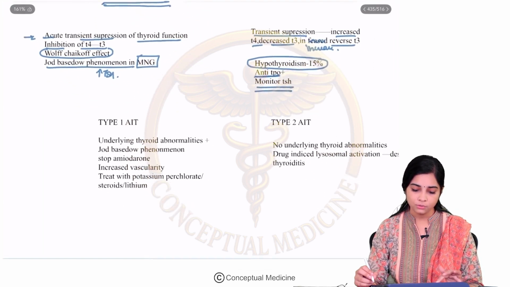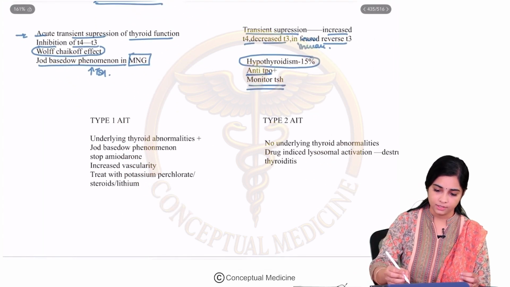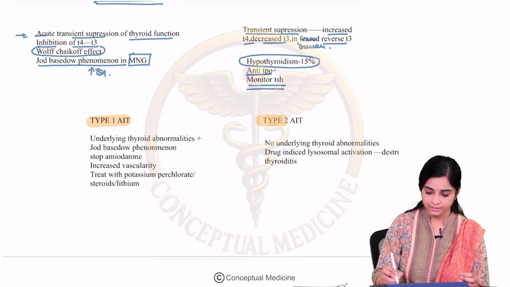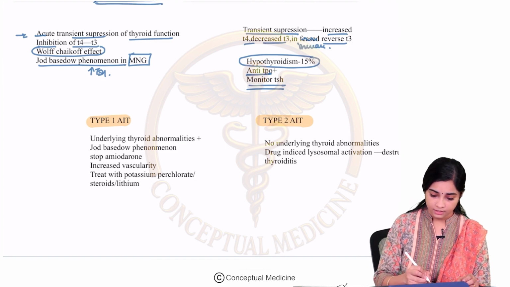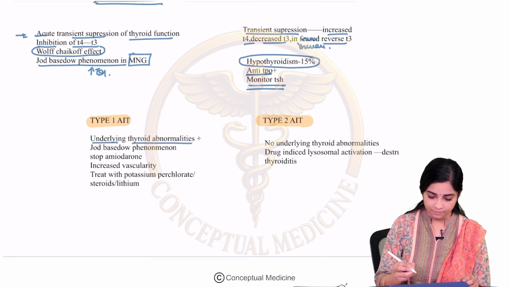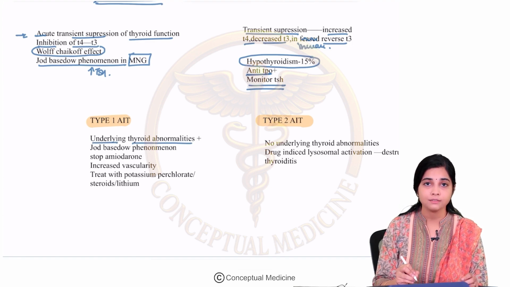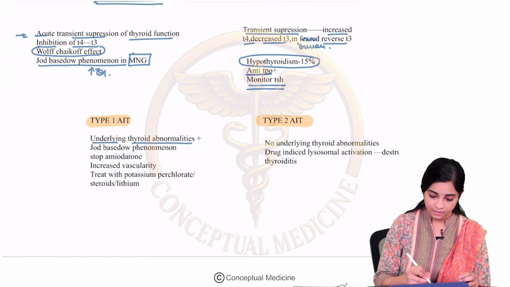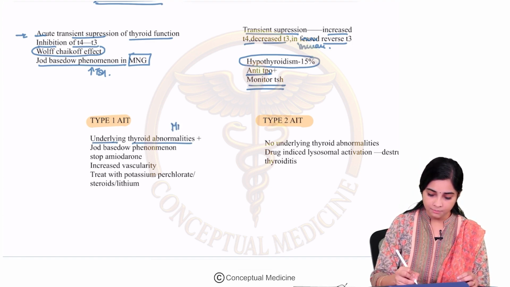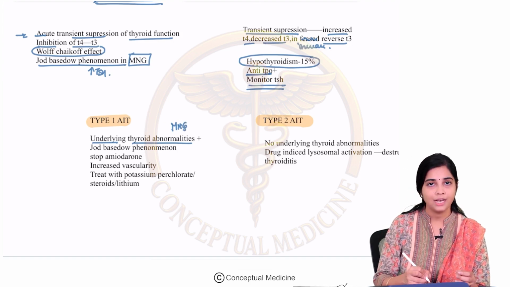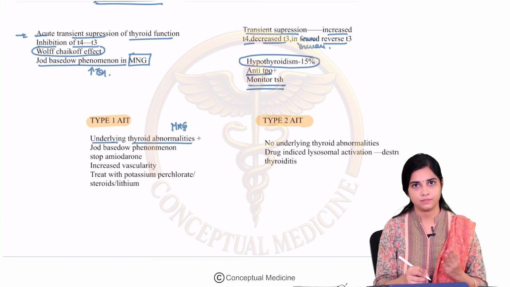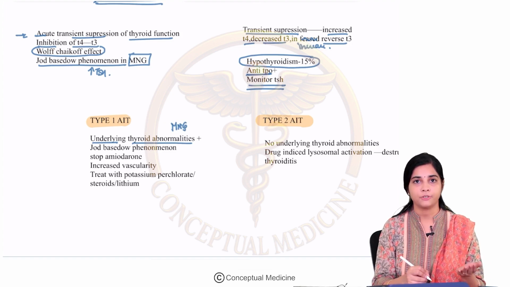Now, there are two types of amiodarone-induced thyroiditis, type 1 and type 2. Let us understand the differences between the two. In type 1 amiodarone-induced thyroiditis, you have an underlying thyroid abnormality, for example a multinodular goiter patient to whom you are giving amiodarone for other indications, such as arrhythmias or atrial fibrillation.